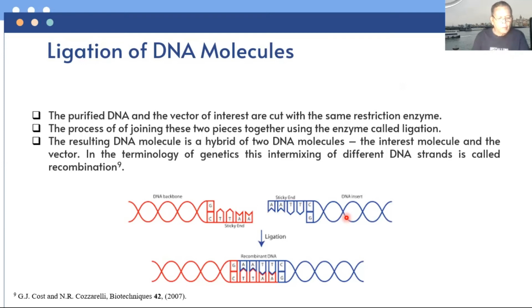So in this case, the purified DNA and the vector of interest are cut with the same restriction enzyme, and this gives us the cut fragment of DNA and the cut vector that is now open. Hence, this new hybrid DNA molecule is also called a recombinant DNA molecule, and the technology is referred to as the recombinant DNA technology.